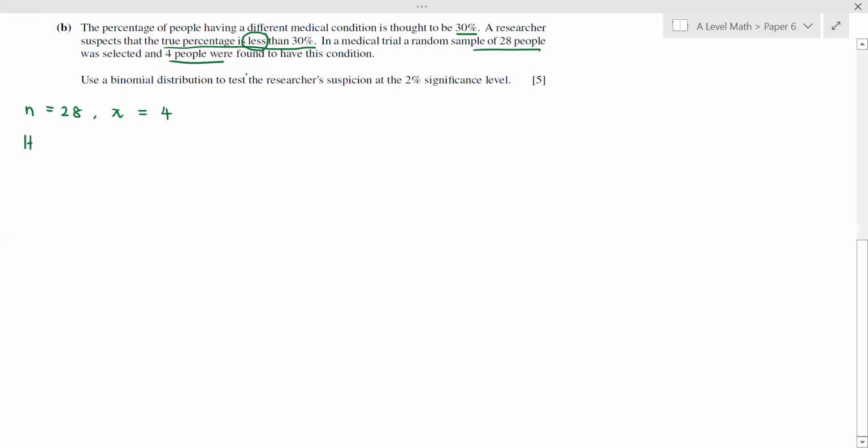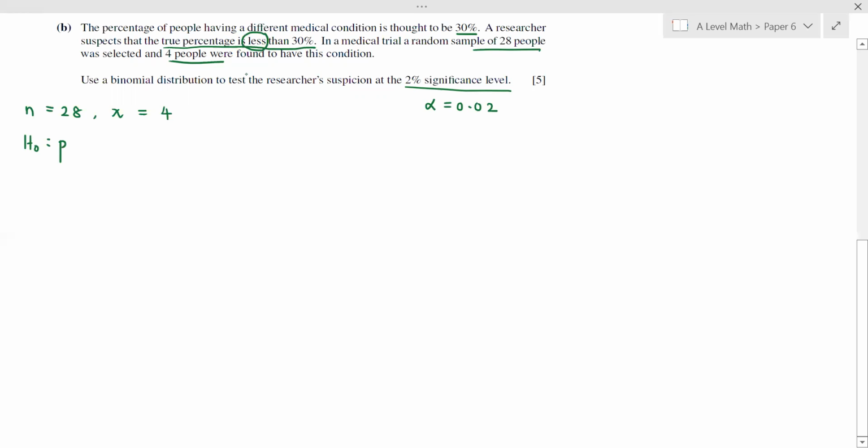We are asked to test the researcher's suspicion at the 2% significance level. So alpha is 0.02. The established percentage is 30%.